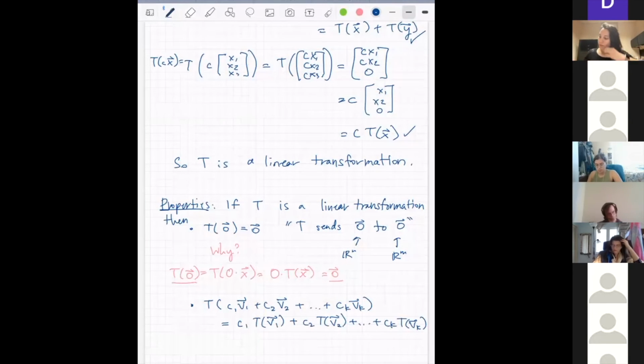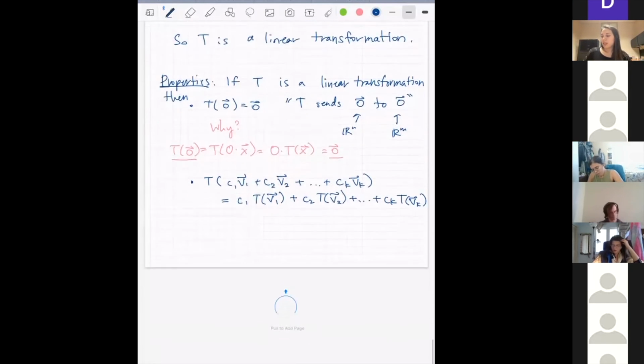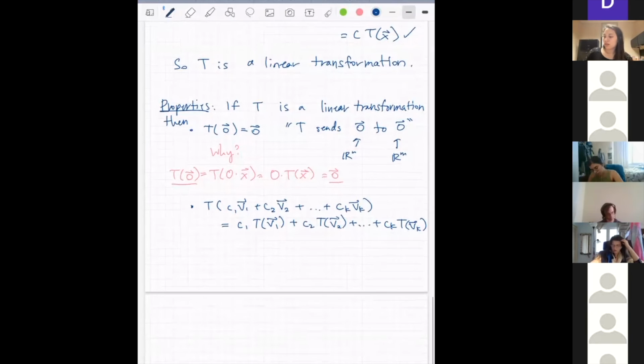So remembering that this is what we called a linear combination, we take a linear combination, we apply our linear transformation, and we get a linear combination on the codomain side.